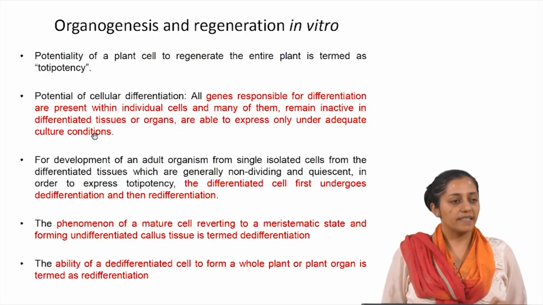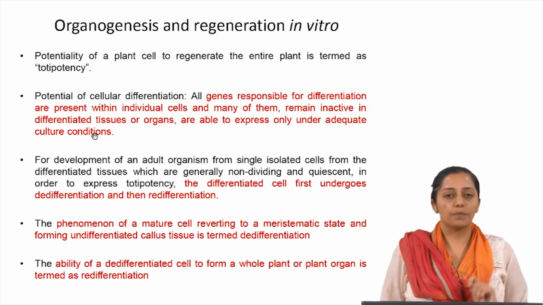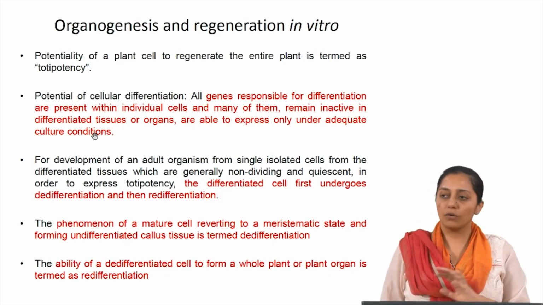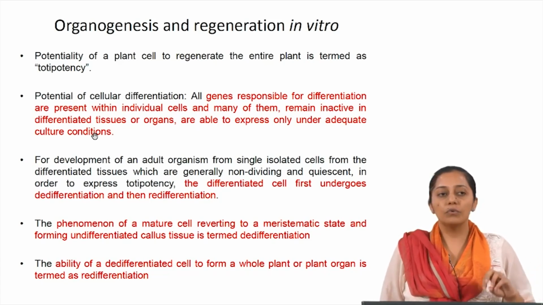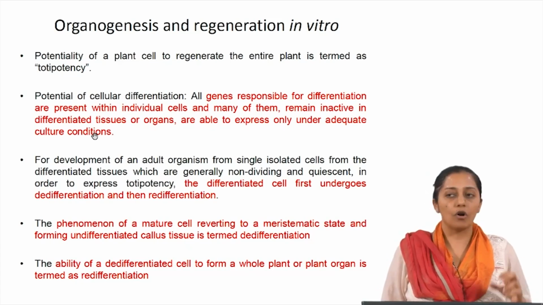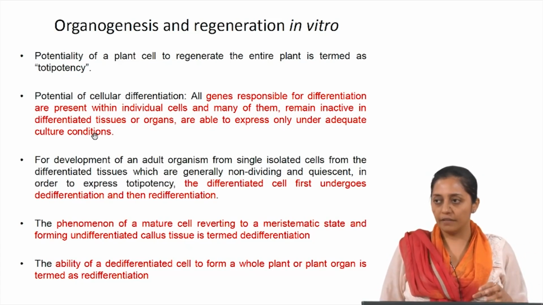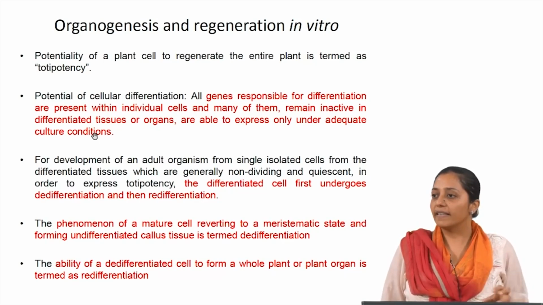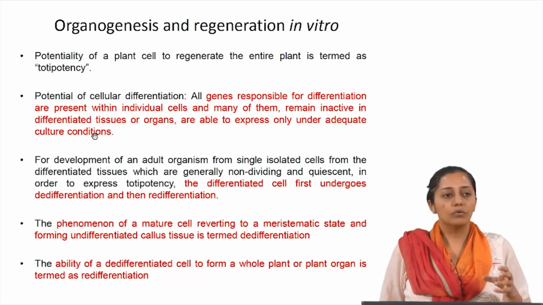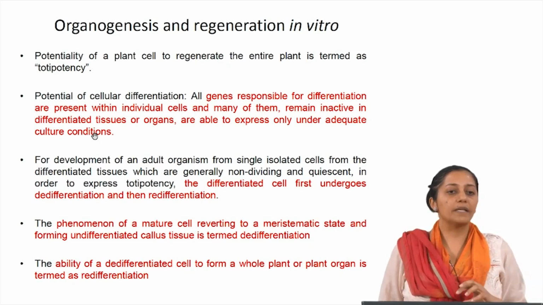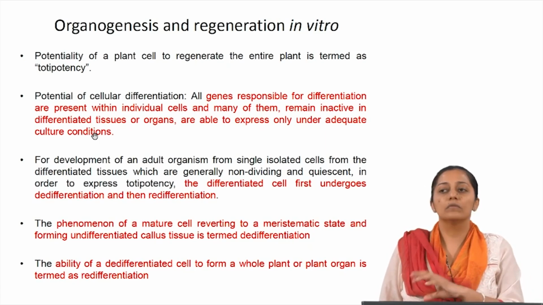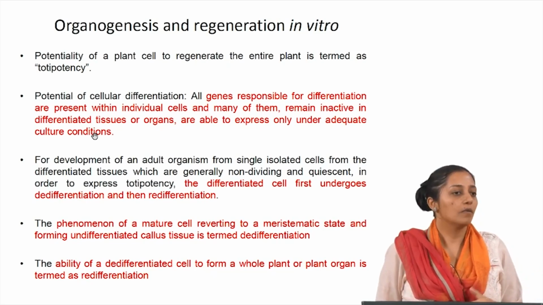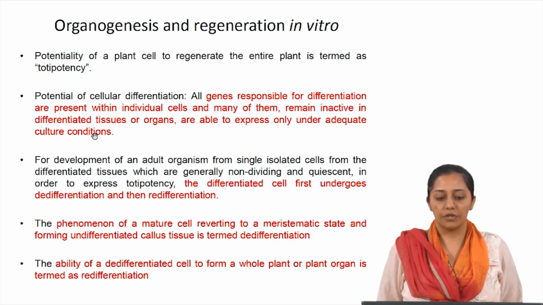The cells being totipotent, all genes are present, but due to the environmental conditions or the stimuli present in vitro, some of these genes get expressed for the reprogramming to happen and the cells to re-differentiate into other forms of cells, thereby forming another type of tissue.